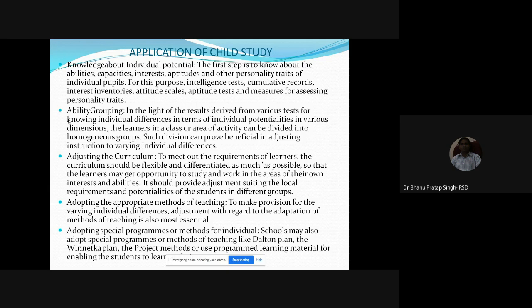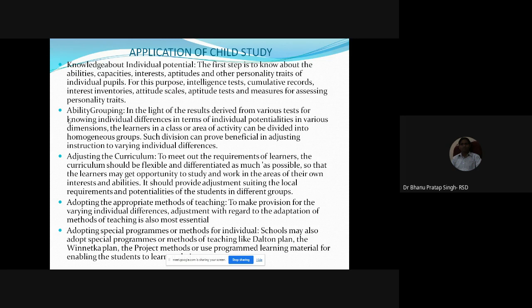And for this purpose, he or she may use different kinds of tests like intelligence tests, cumulative records, inventories, different scales, attitude scales, aptitude tests. Even there are so many personality traits which can be measured by various kinds of scales and inventories. So the first application of child study is knowledge about individual potential.